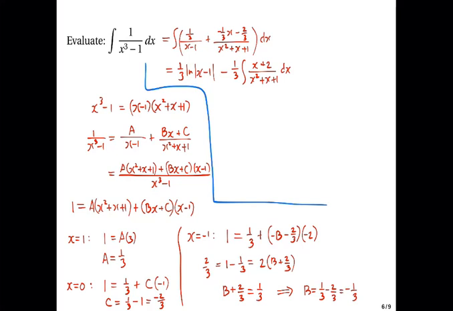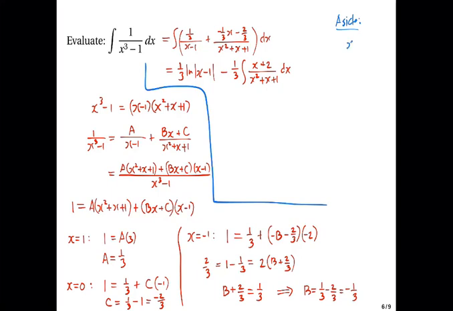Okay, so let us manipulate this numerator here. Let us look at some way in order to put 2x plus 1 in the numerator.